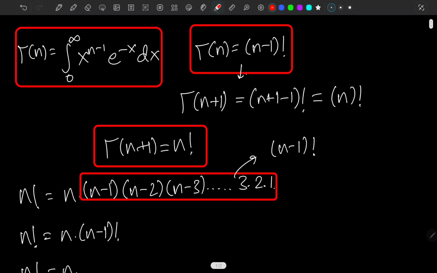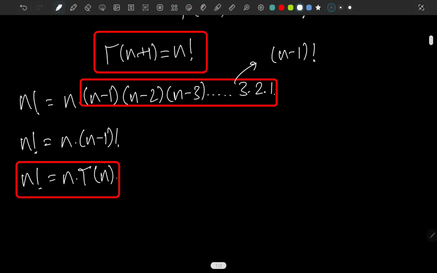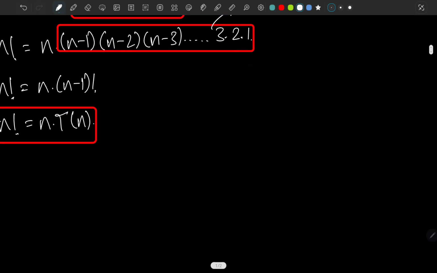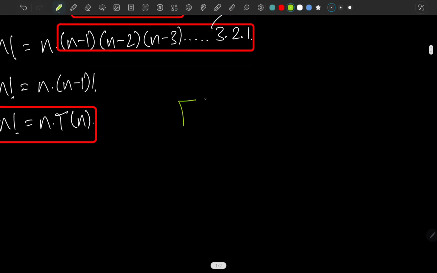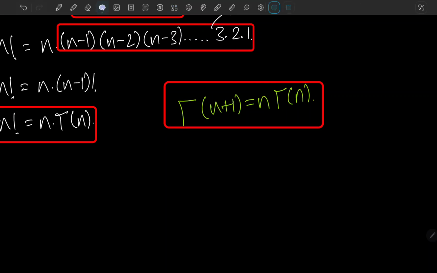From here you can say that it's gamma of n. So n factorial is n times gamma of n. And what is n factorial? From here, gamma of n plus 1. So gamma of n plus 1 is n times gamma of n.